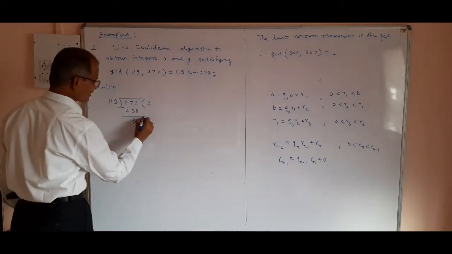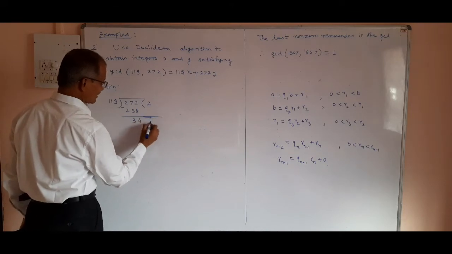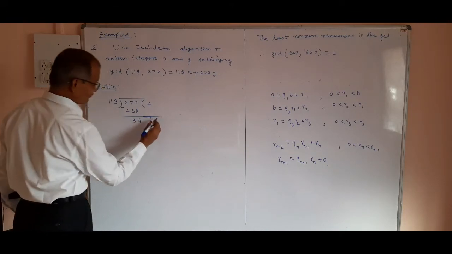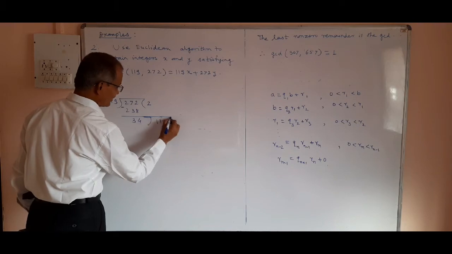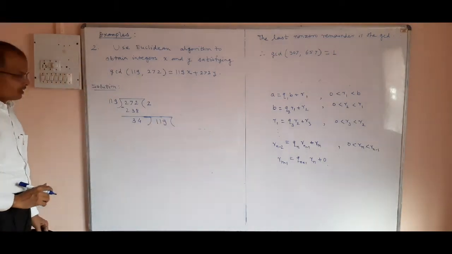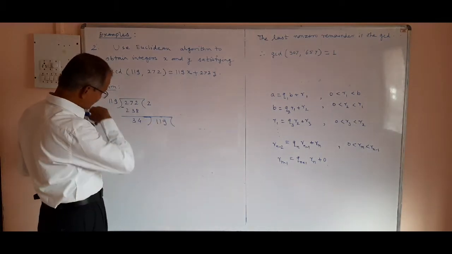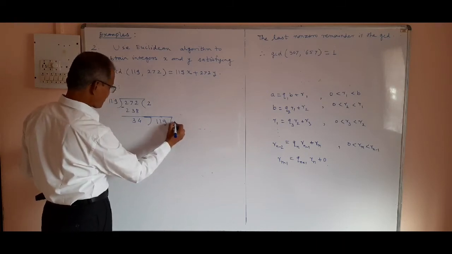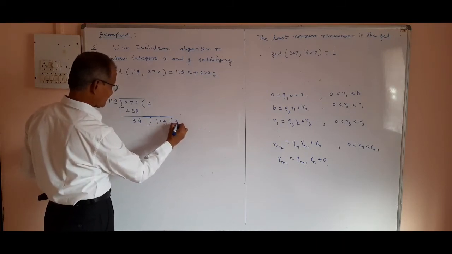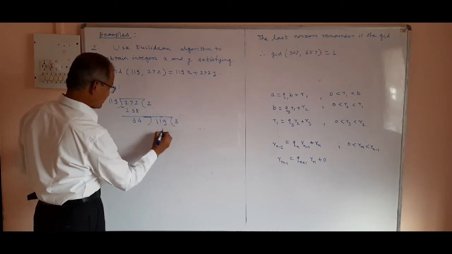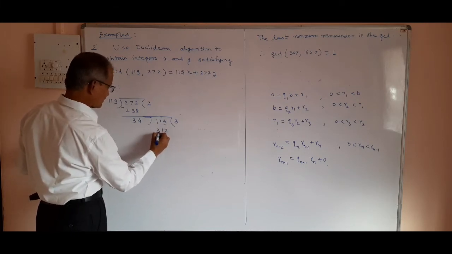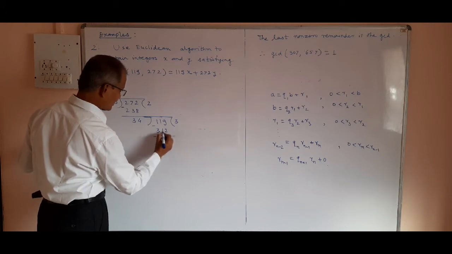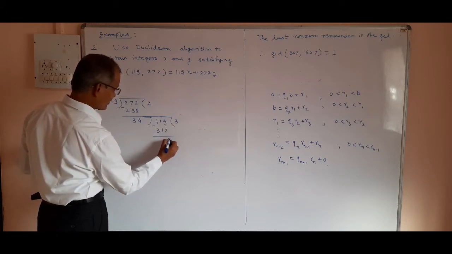Now again, this is the first process. Now take this integer 119 and divide by 34. The quotient is 3, and what remains is 7.